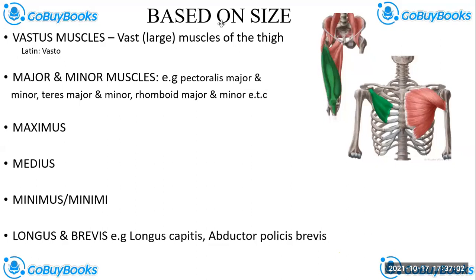Minimus is the singular, minimi is the plural. And from this word maximus, you can guess already that it means maximum, big. Medius, middle, not too big, not too small. Then minimus or minimi, like our popular noodles.